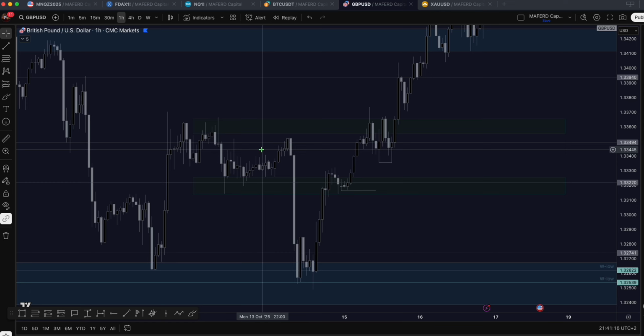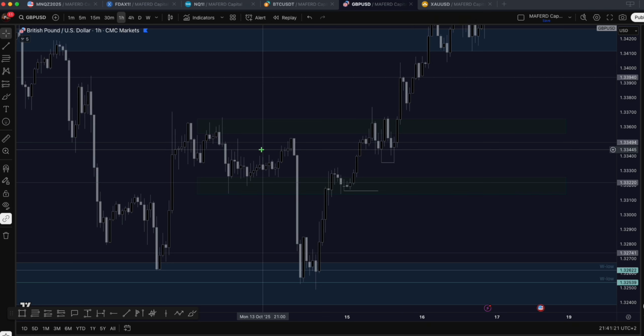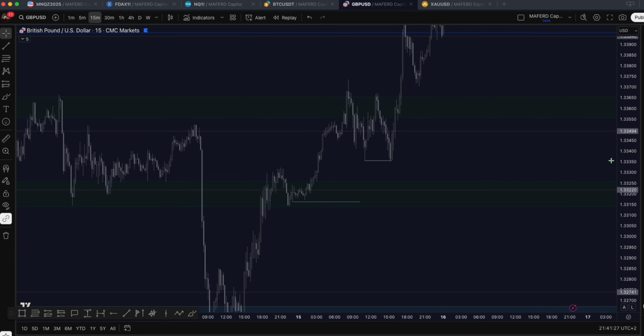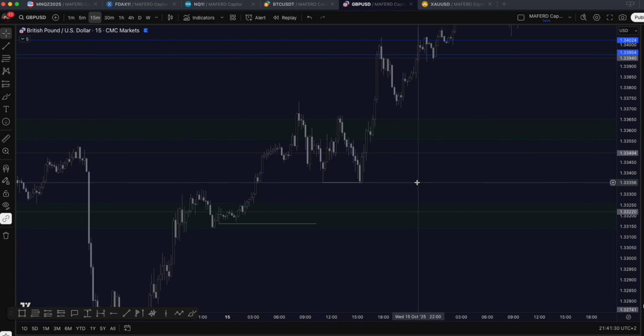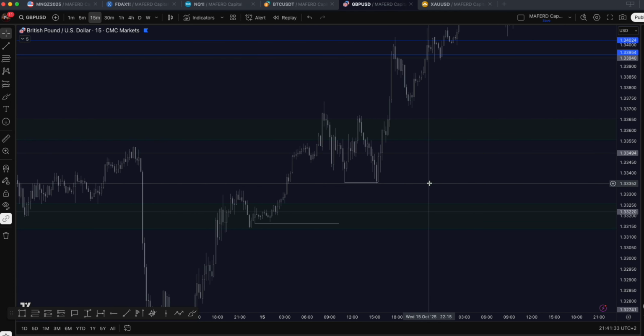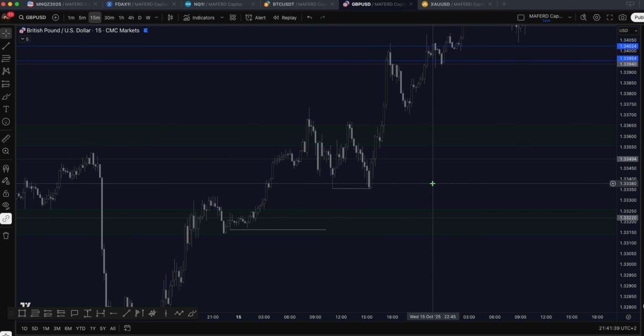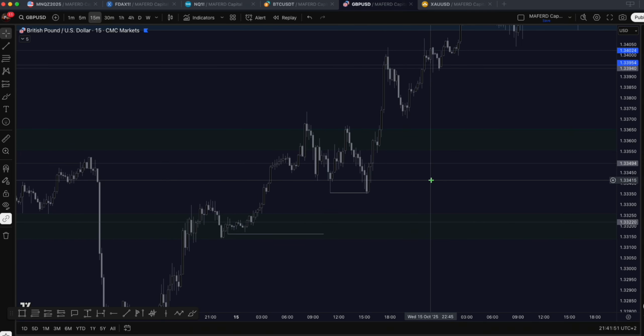This is what I use mostly, I mean, only actually on GU. And what I did then was I usually take trades off of the liquidity sweeps of the different sessions of the day, and the session with the highest probability, for me at least, is for sure the New York session.